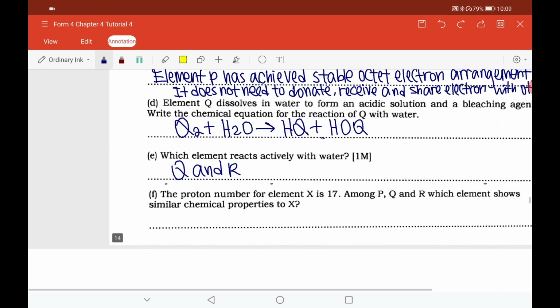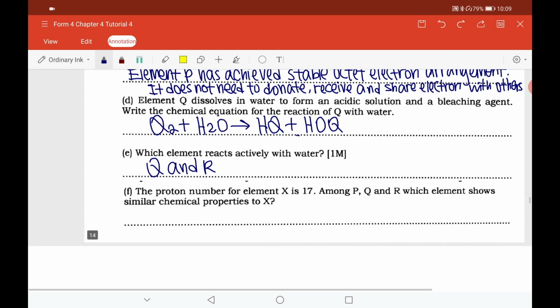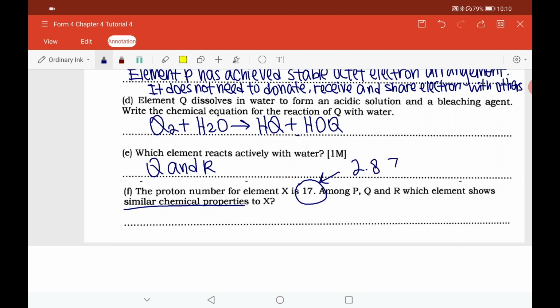Next one, question F. The proton number for element X is 17. Among P, Q, R, which elements show similar chemical properties? Remember, chemical properties are decided by the number of valence electrons. For element X, 17 is 2, 8, 7, so element X has 7 valence electrons.